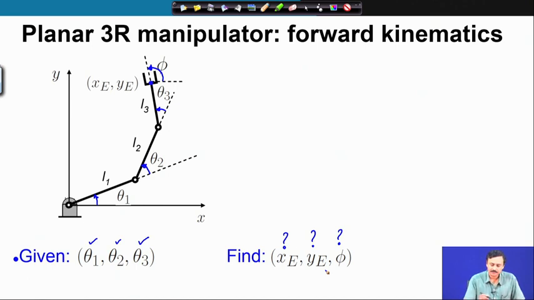Here we have 3 revolute pairs, and we have to now find this relation.